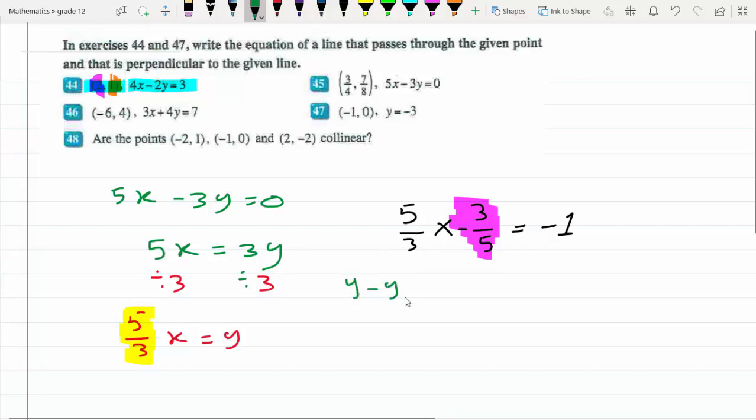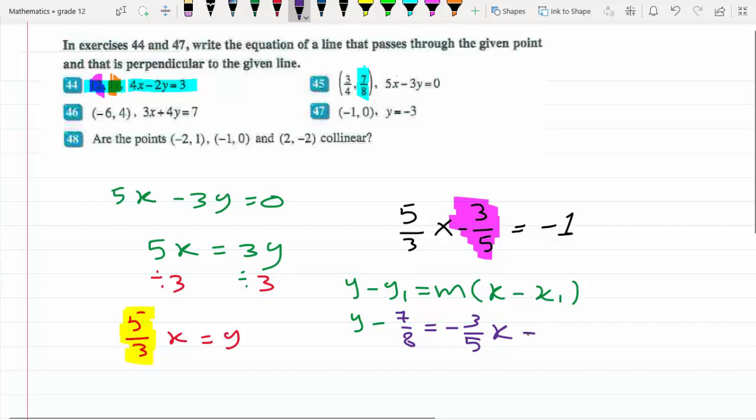y minus y1 is equal to m times (x minus x1). What is y? It's a variable. Minus y1 is 7 over 8. y1 is 7 over 8 equals, we found the m, it's negative 3 over 5 times (x minus 3 over 4).